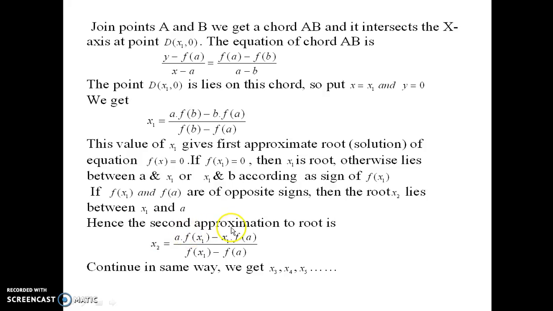Hence, the second approximation to the root is x2 equal to (a into f of x1 minus x1 into f of a) upon (f of x1 minus f of a). This second approximation is better than x1, closer to the exact root than x1. Continuing in the same way, we get a third approximation x3, then a fourth approximation x4, and so on.